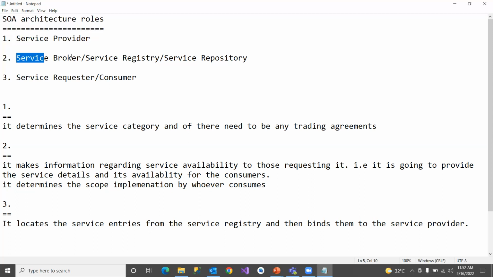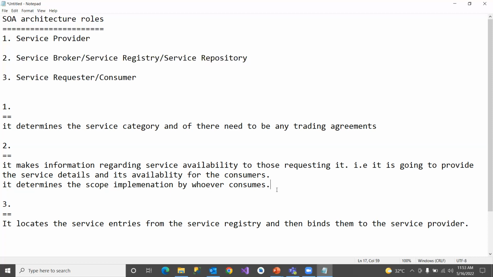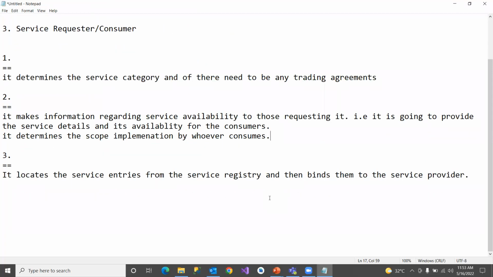The service broker has all the entries and information regarding availability of services requested by consumers, and determines the scope of implementation by whoever consumes. And the service requester locates the service entries from the service registry and then binds them to the service provider.